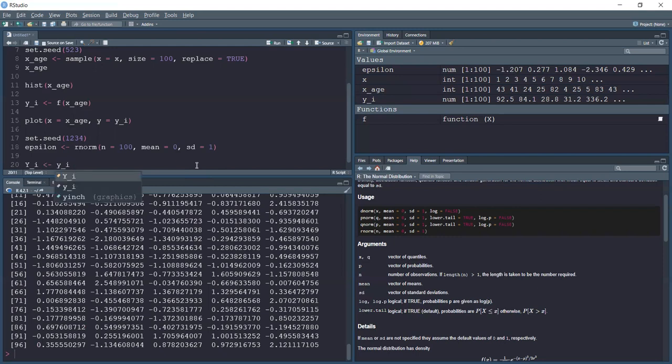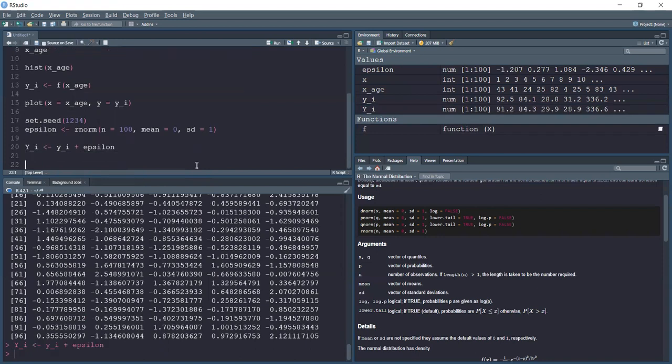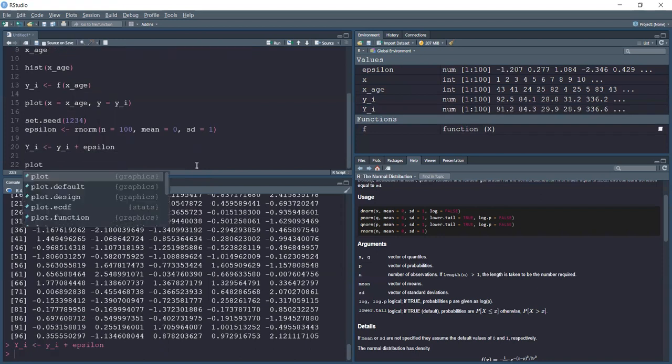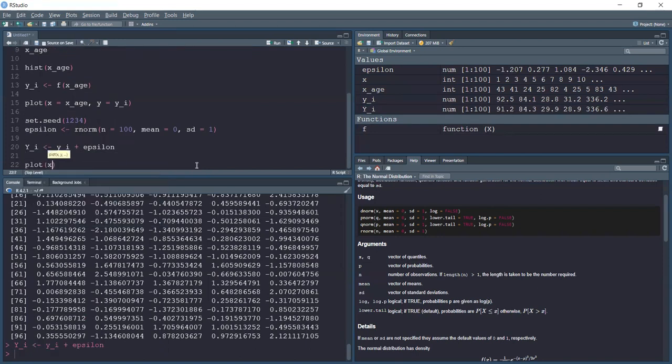Remember, yi is the f of x plus epsilon. And now we'll plot it, and hopefully you know what to expect, roughly. Okay, so now we'll plot x age and uppercase yi.